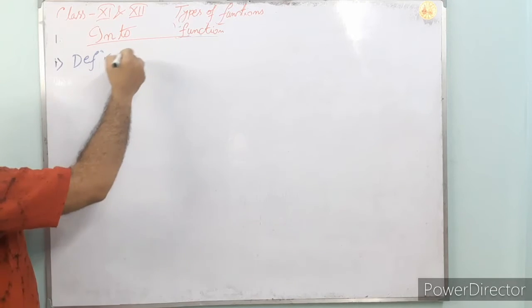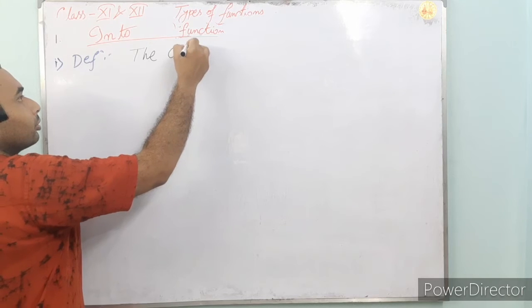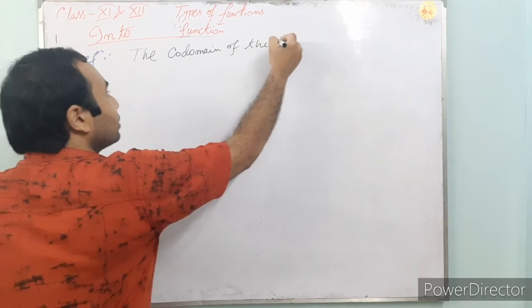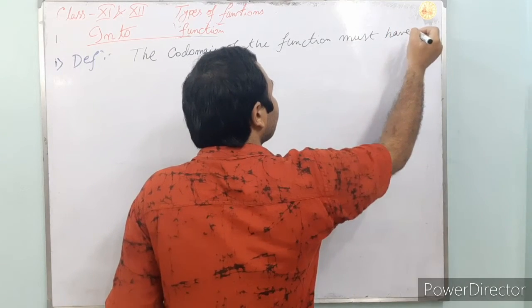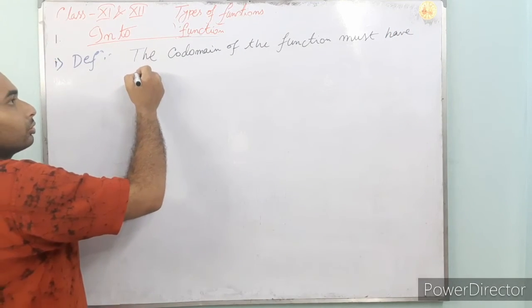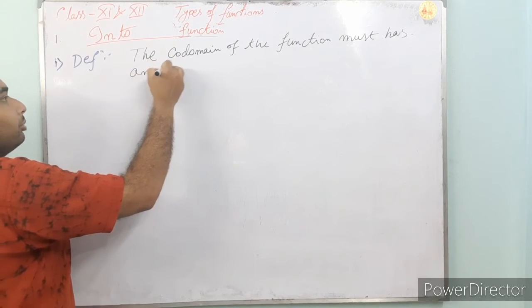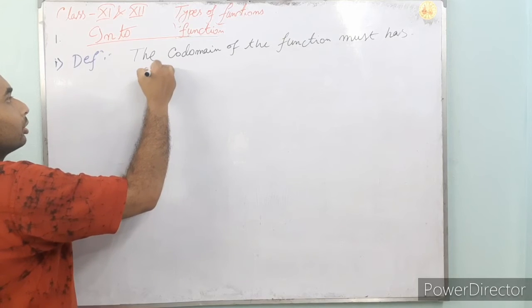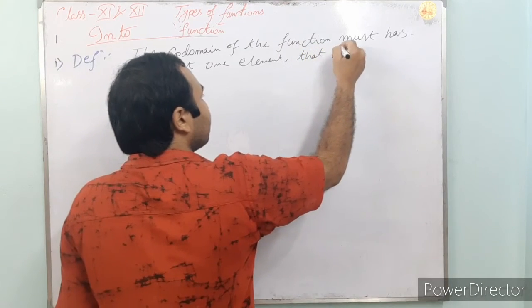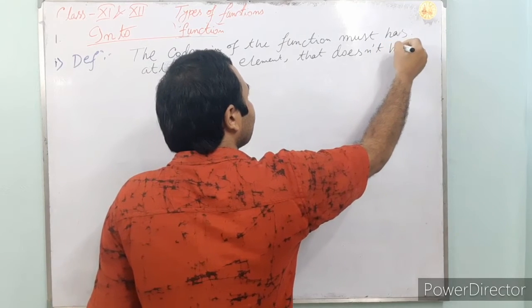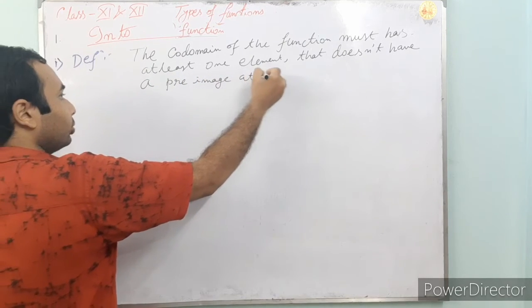The into function means the codomain of the function must have at least one element that doesn't have a pre-image at the domain.